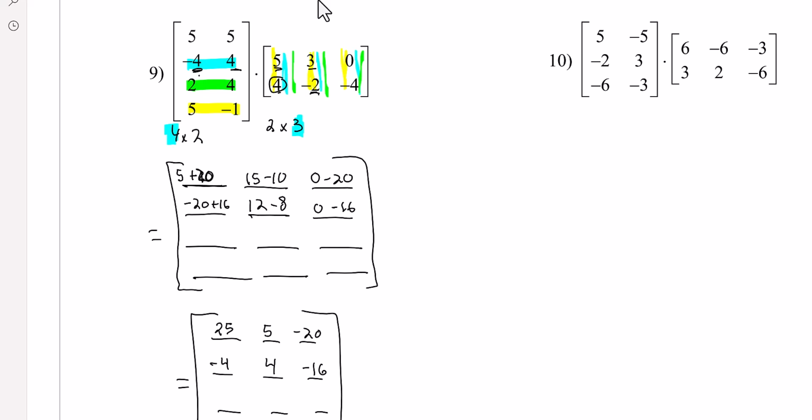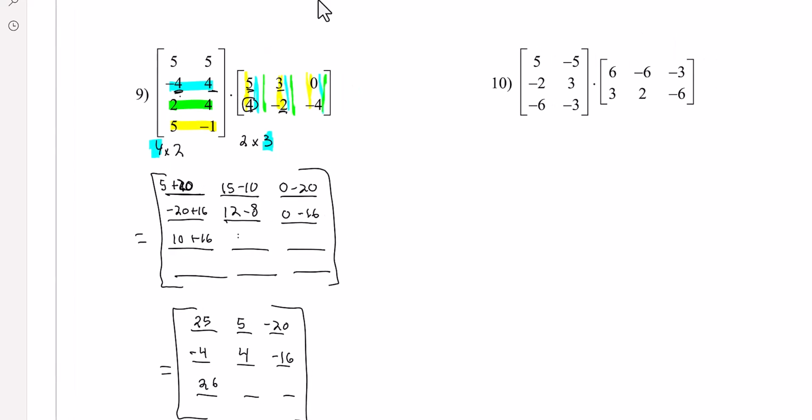Third row, 2 times 5 is 10. 4 times 4 is 16. We get 26. And then 2 times 3 is 6. 4 times negative 2 is negative 8.